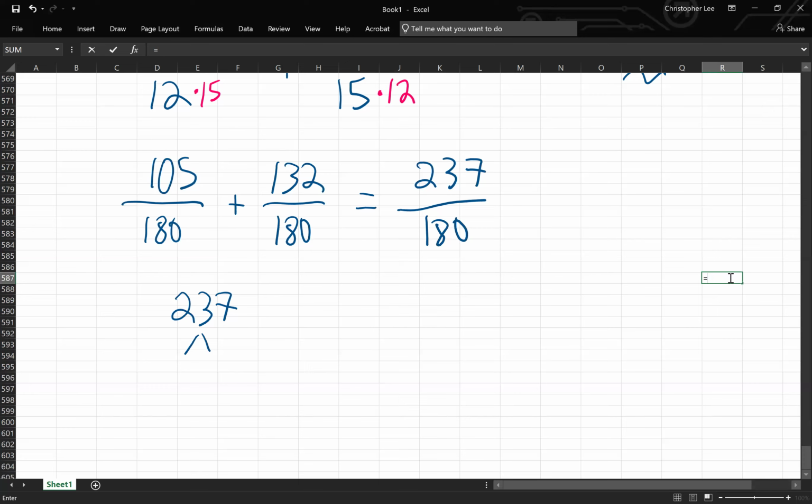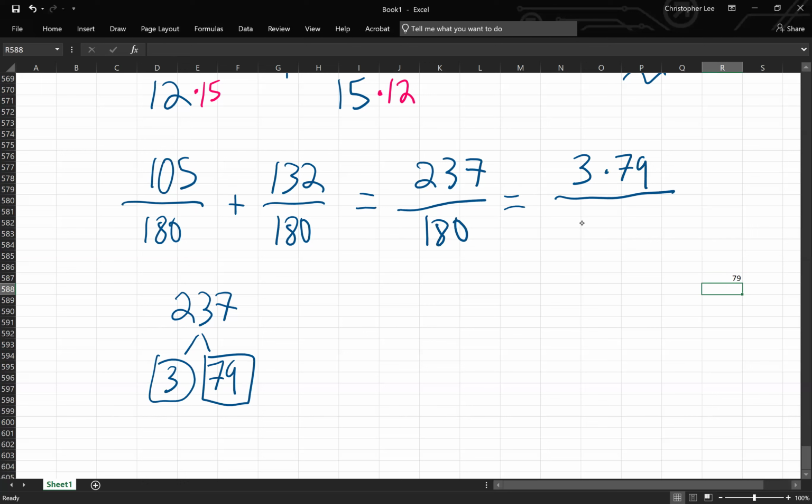One of them should go in. So let's say 237 divided by, let's start off with 3. Oh wait, it worked. That was a guess. I promise you, it was a guess. I had no idea. All right. So this is just 3 times 79, and then the bottom, 180.